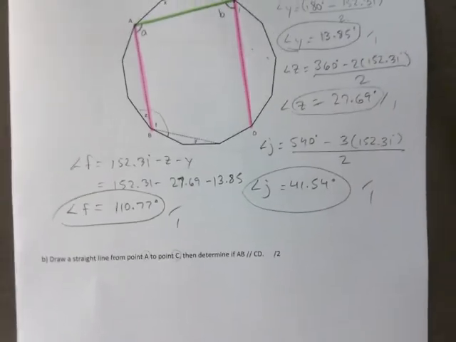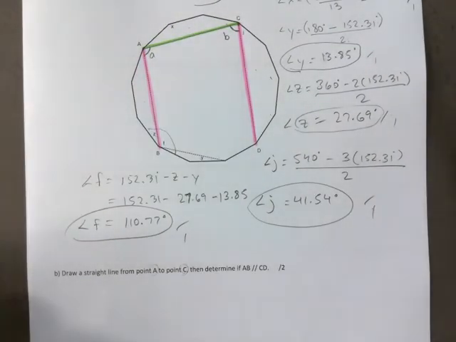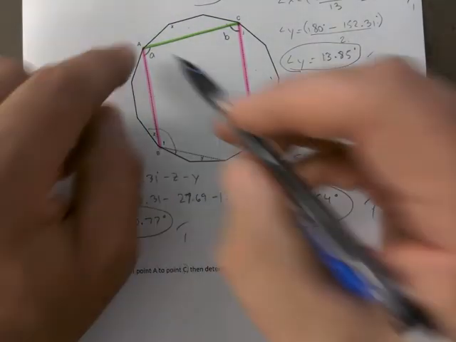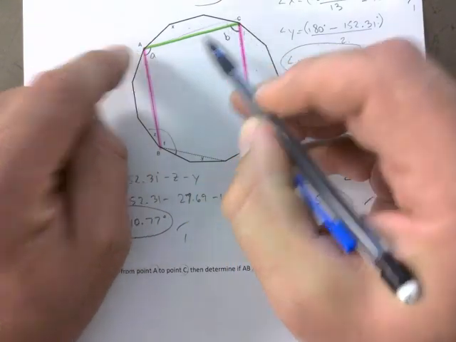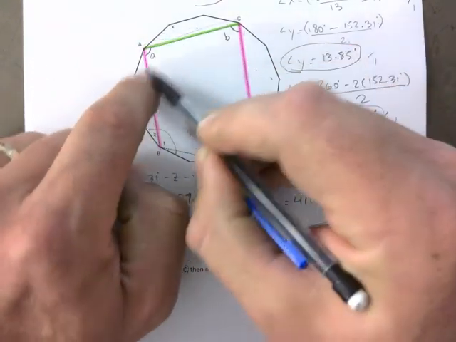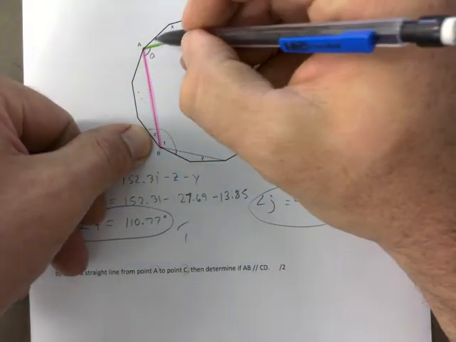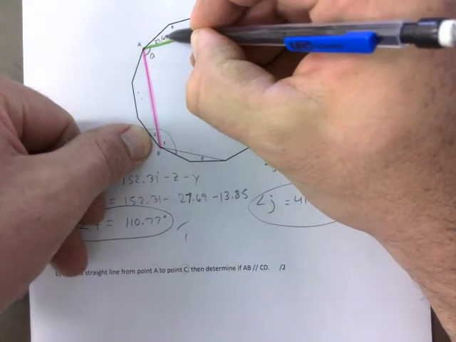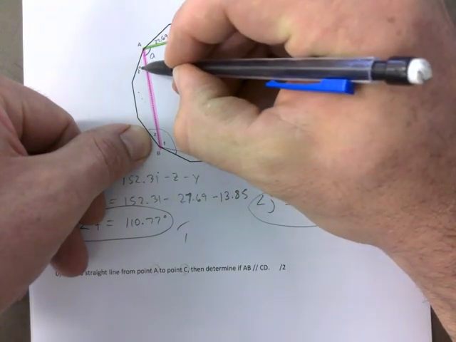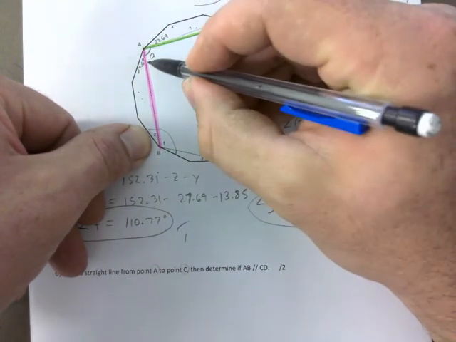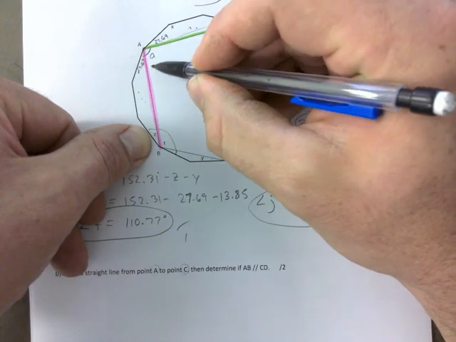So now for B, this is what I will do. When I created this line, this is a trapezoid, that's a trapezoid, right? It's the exact same one. So actually, when I go with Z, this is 27.69 here, and this is 27.69 as well. So you can actually find A right here.